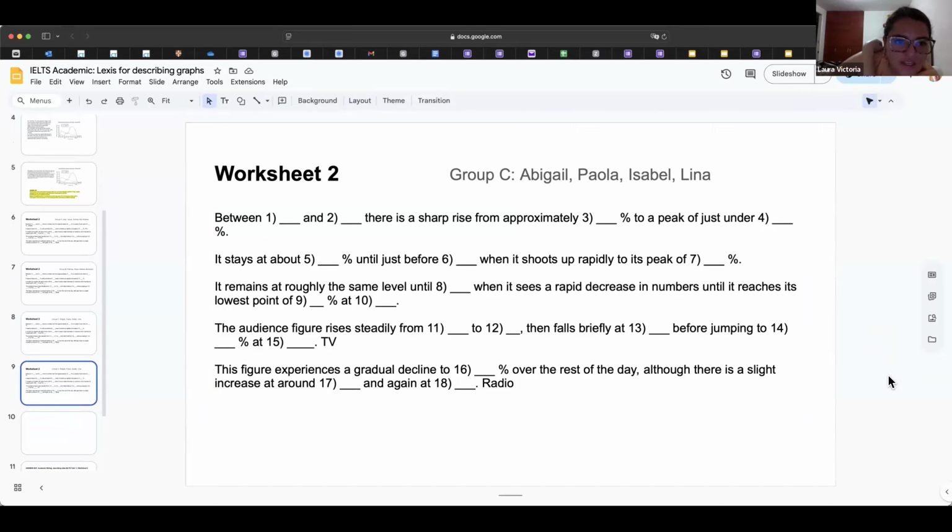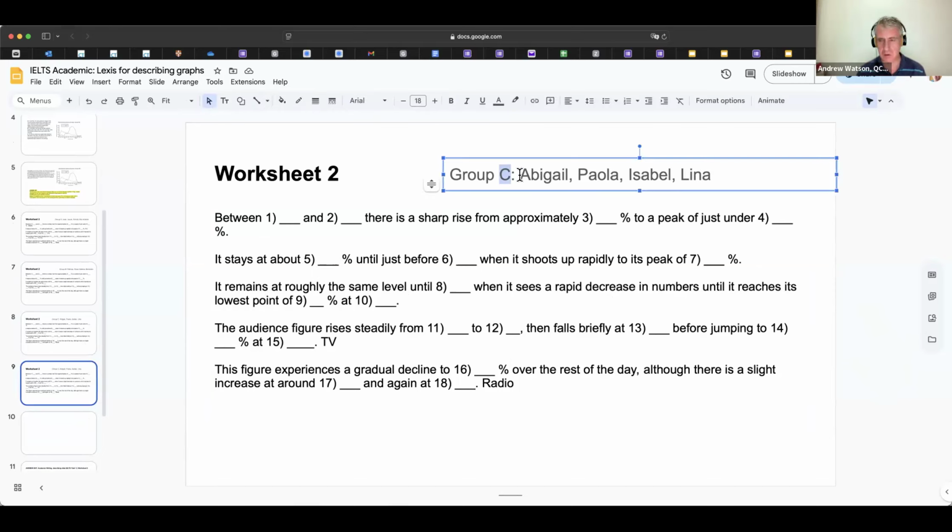Can you share, please, the link of this document, please? Yeah, before I do that, let me just complete the task setup.